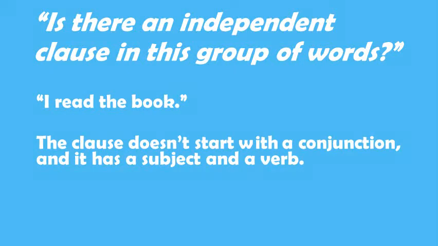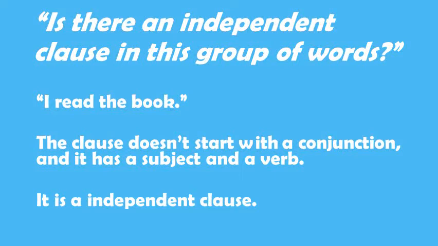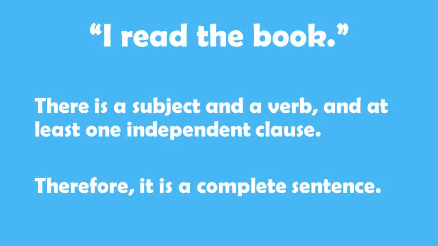So that means because there is not a conjunction at the beginning, we know that it is an independent clause. So I read the book is a complete sentence. There is a subject and a verb, and there is at least one independent clause in this group of words. Therefore, it is a complete sentence.